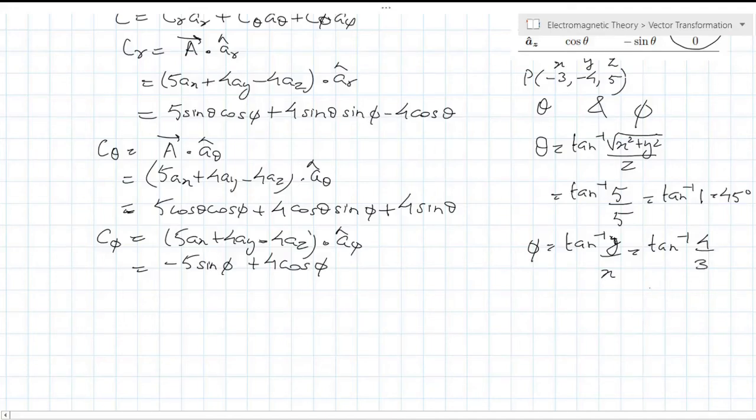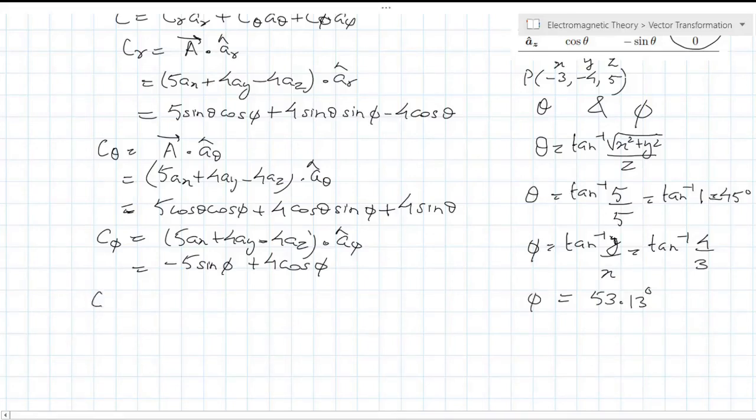Minus sign is in both of them, 4 and 3, so we'll ignore it. So tan inverse 4 by 3, you might calculate it to verify my answer. It will be 53.13 degrees. So we have theta equal to 45 degrees and phi equal to 53.13 degrees.